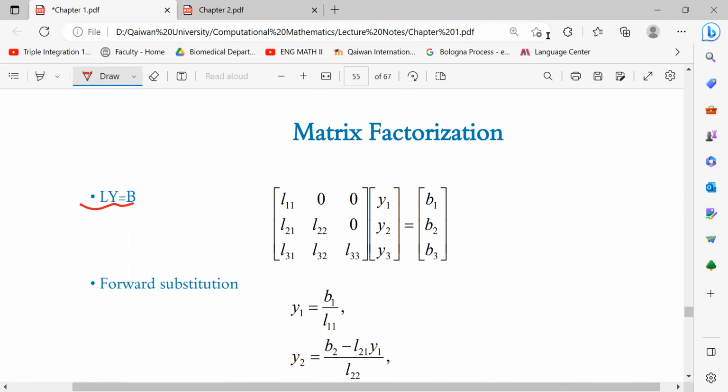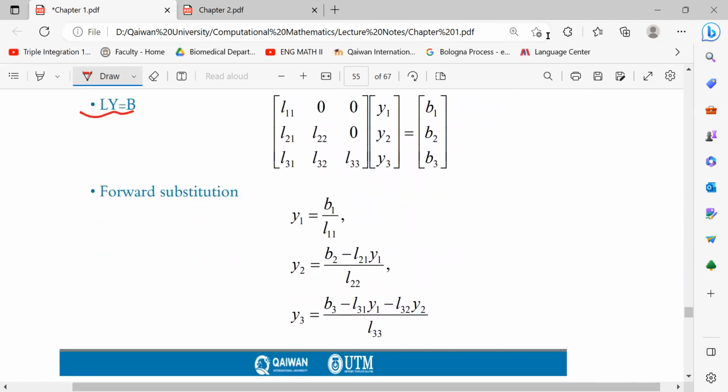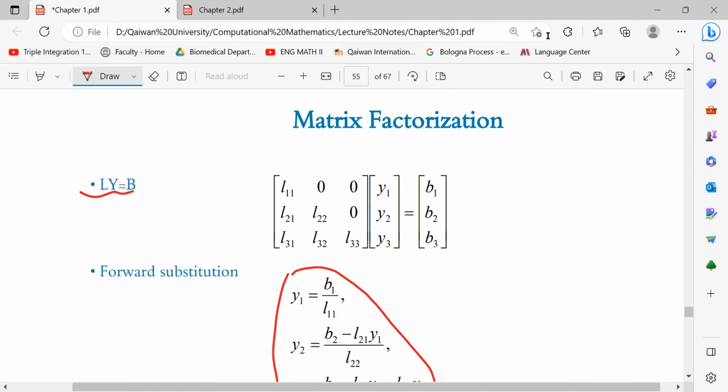Ly equals B. In this case, we get the values of y1, y2, and y3. Okay? Here we use forward substitution to get the values of y1, y2, and y3. Look, we multiply these two. It's the multiplication of this matrix with this matrix. We multiply first row by this.